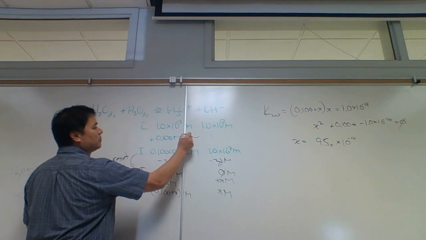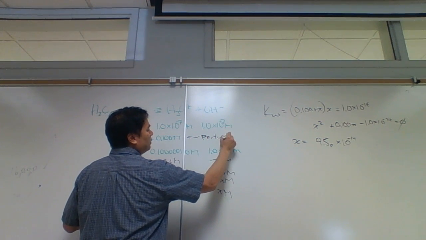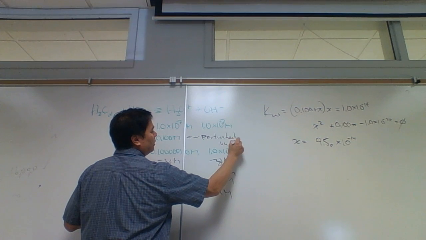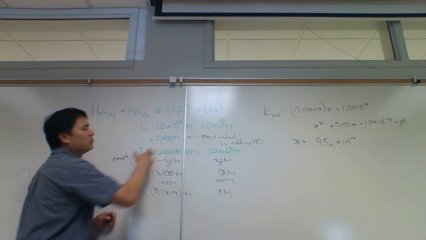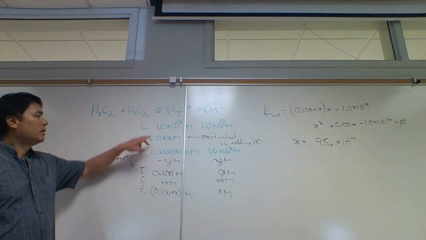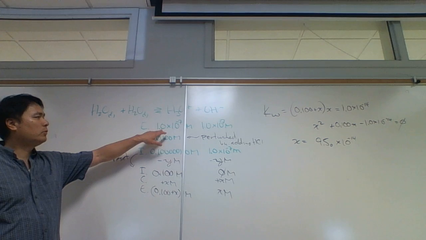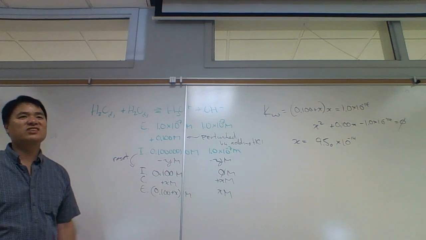This is the perturbation by adding HCl. The HCl just added another 0.100 molar worth of hydronium. Originally I had 1 times 10 to the minus 7. That's 1 times 10 to the minus 7 there. So that's fine.